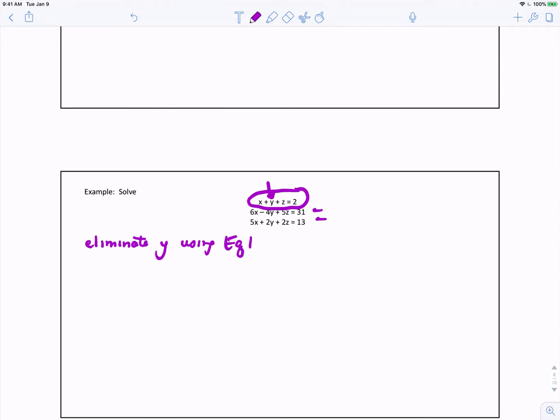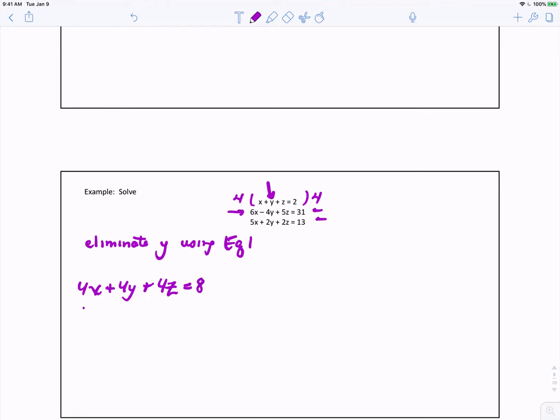So how do I do that? All right, well, let me clear out this circle so you can see better. I'm going to want to get rid of y in our second equation. And to get rid of y in our second equation, I need the first equation to have a coefficient of 4. So I'm going to multiply both sides of this equation by 4. 4x plus 4y plus 4z is equal to 8.